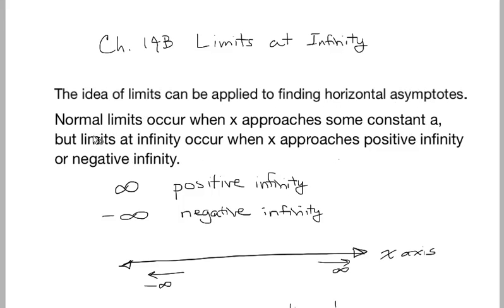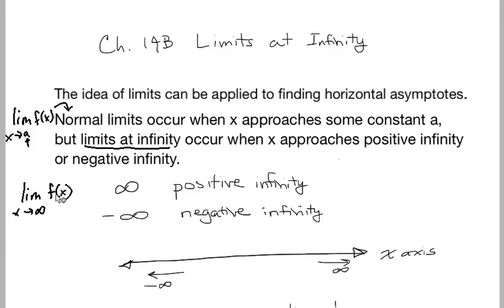So normal limits, we've talked about normal limits where x approaches a of f of x. Right? So that's normal limits. Well, now when we look at limits at infinity, the only thing that changes is this little value right here. Okay? We end up with the limit as x approaches infinity or negative infinity of f of x.